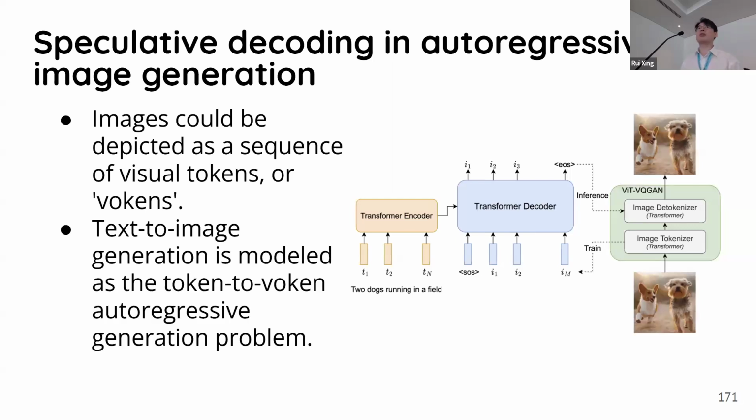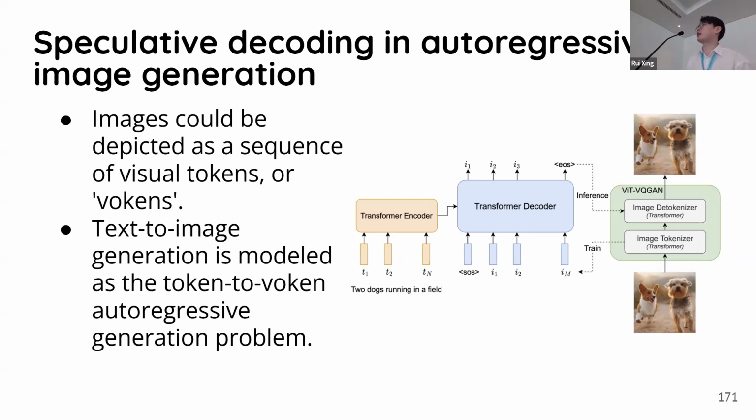So in this way, text-to-image generation could be modeled as a token-to-token autoregressive generation problem. In the right figure, in the training stage, the input is the tokens of the caption, and the output is the corresponding visual tokens of the target image.